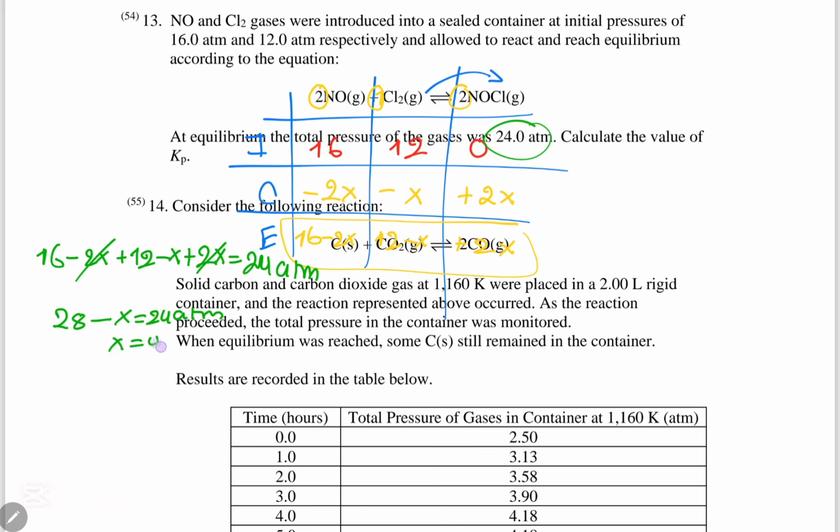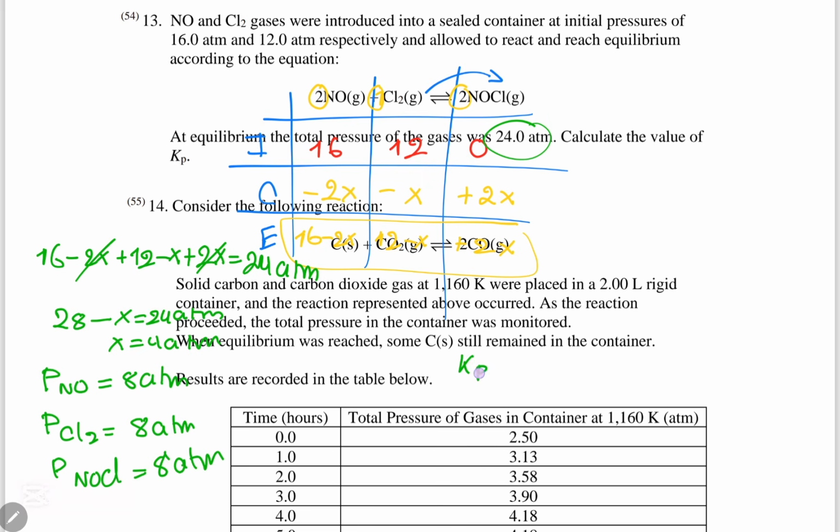So x is equal to 4 atmospheres. That means the partial pressure of NO gas is going to be 16 minus 2 times 4, so it's going to be 8 atmospheres. The partial pressure of Cl2 gas is going to be 12 minus 4, which is also 8 atmospheres. And then the partial pressure of NOCl gas is going to be 2 times 4, which is also 8 atmospheres.